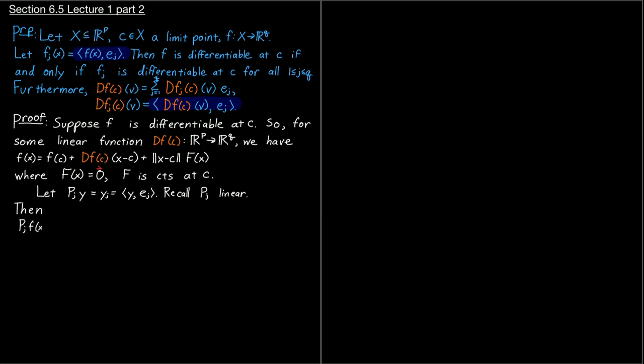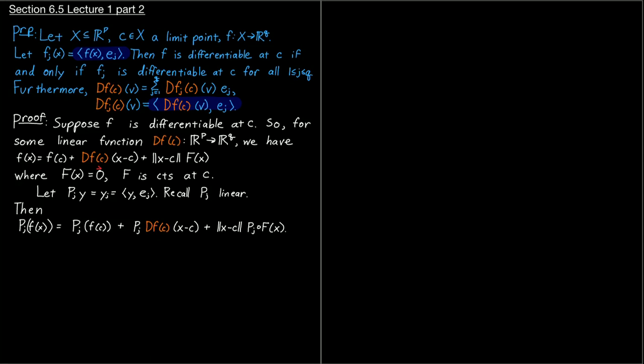Pj of f of x, that's Pj of f of c, plus then Pj, the function, composed with df of c, the function, and then evaluated at x minus c. So you feed x minus c into df of c, and then you feed that into Pj. And then because Pj is linear and the norm of x minus c is just a real number, we can just write Pj composed with F of x.